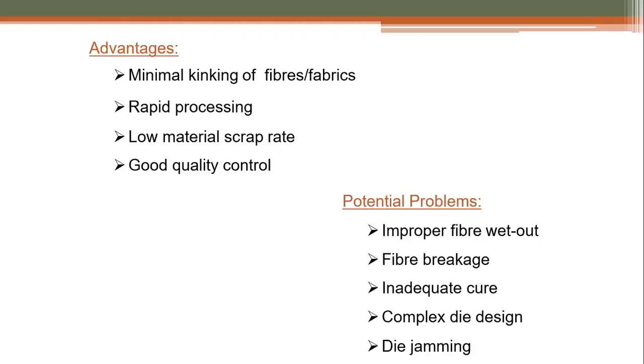When the pulling system raises its pulling load, the fiber tends to break. Then inadequate cure is also a potential problem, and complex die design and die jamming. These are the different potential problems of the pultrusion method.